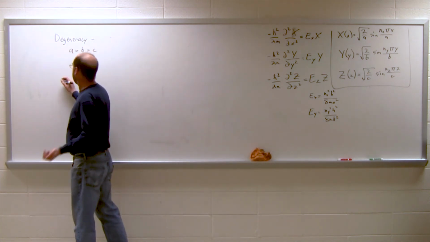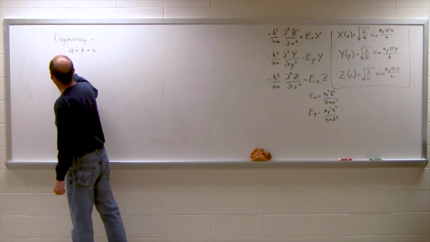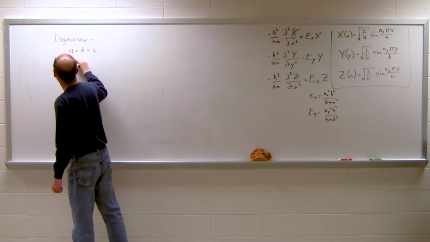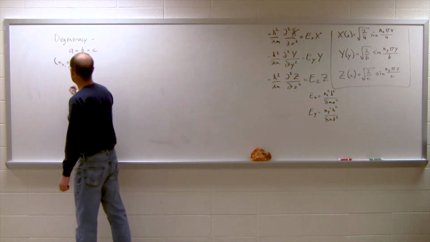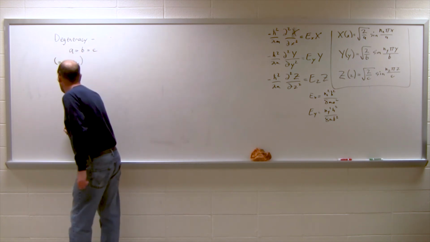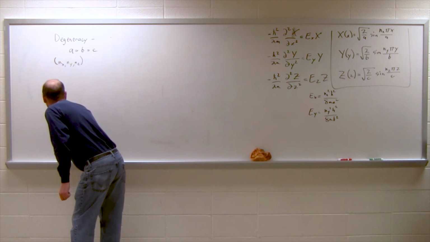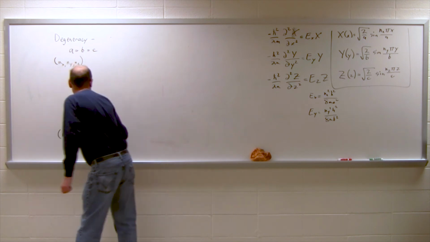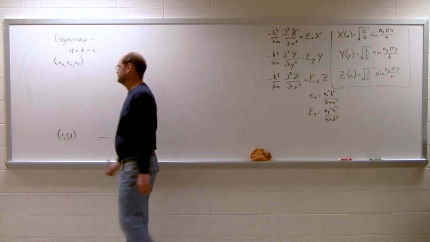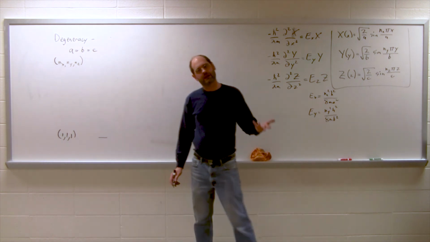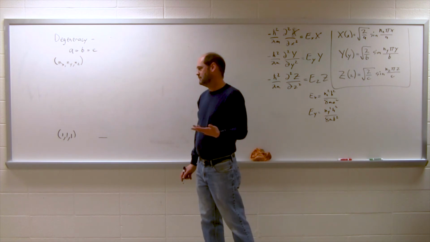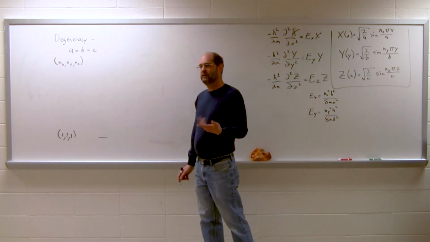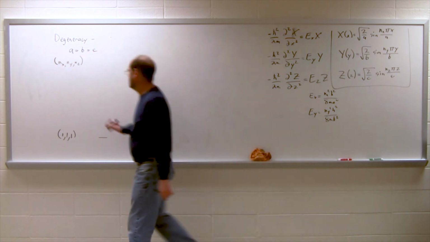What do I have for states? I'm going to write a set of my quantum numbers, three quantum numbers, n_x, n_y, n_z. And so my lowest energy state is going to be 1, 1, 1. What's my next energy state going to be? I'm going to have one quanta of energy, but I can put it in either x, y, or z.